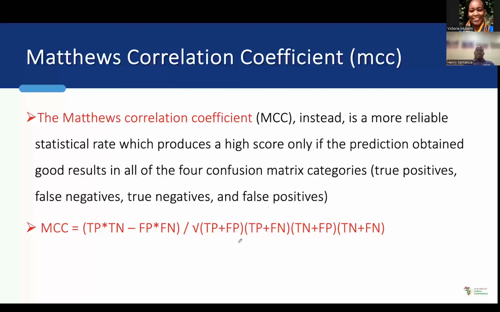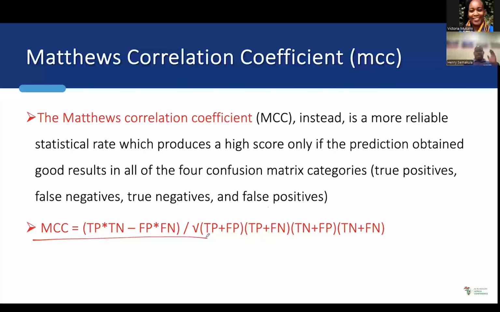So we have another metric called the Matthews correlation coefficient. This is very important when it comes to scenarios where you have an imbalanced class. The Matthews correlation coefficient is derived with this formula.